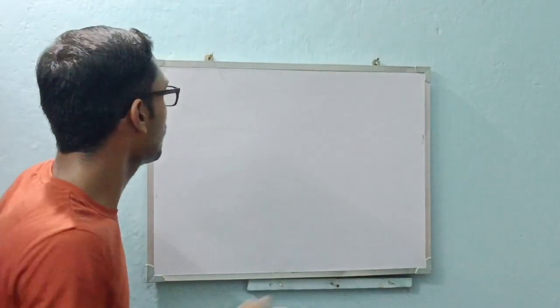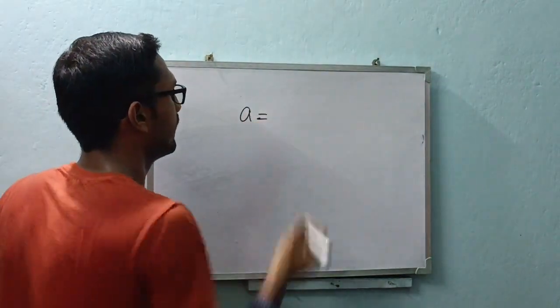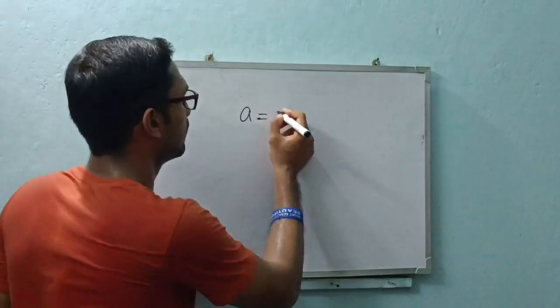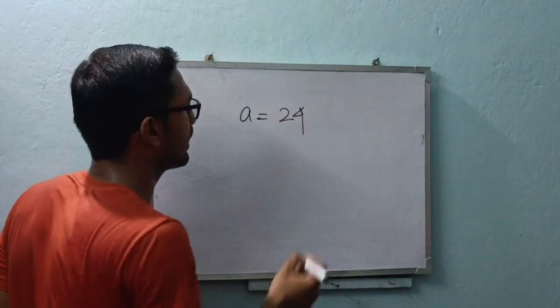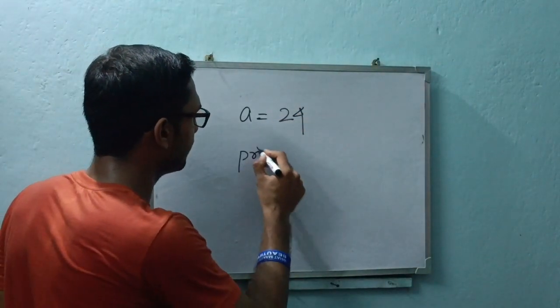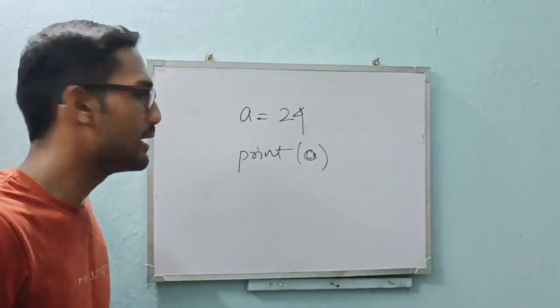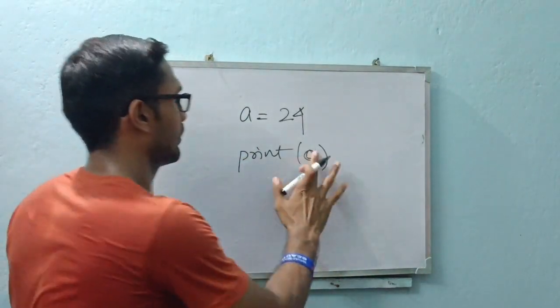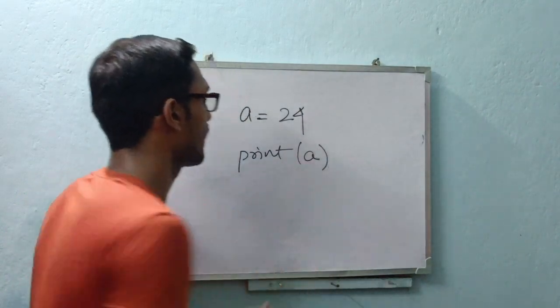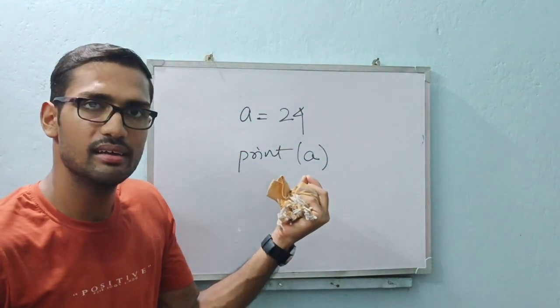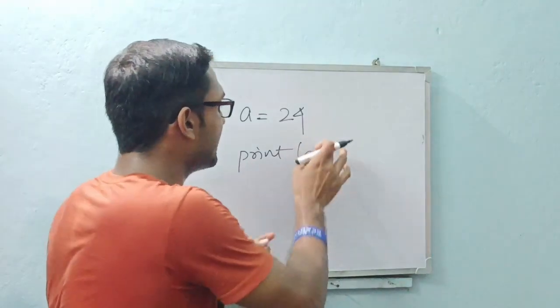Okay. So if I have a variable a in which there is a number 24, and if I am printing a, what will happen? See, is a there within the quotes?